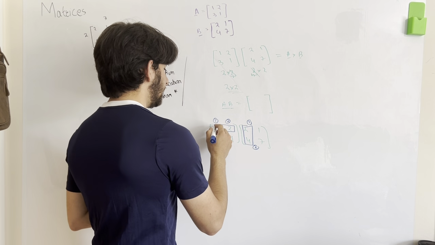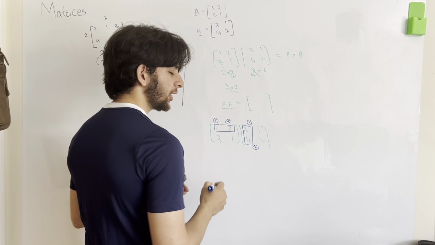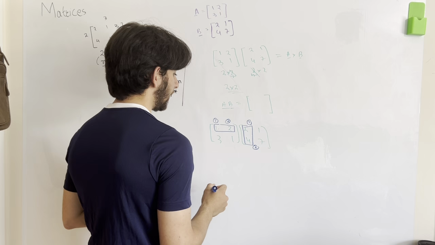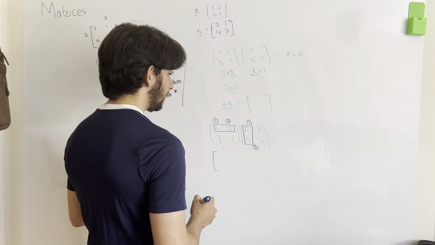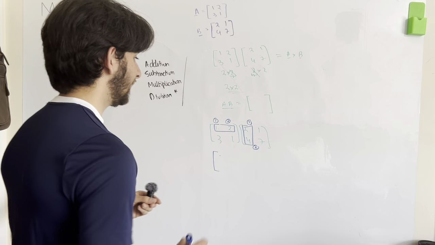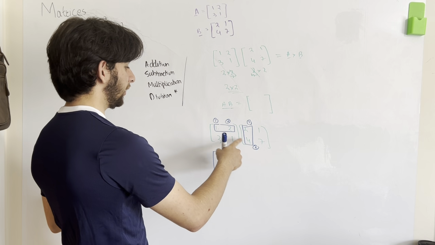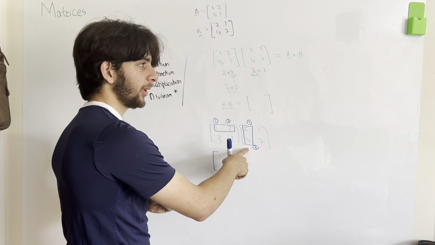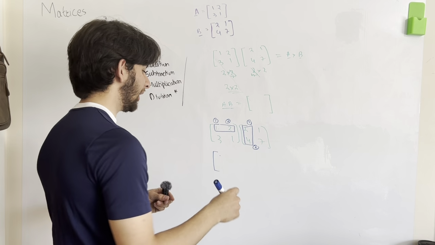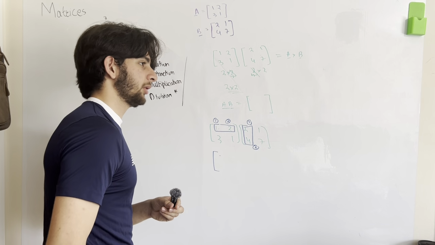I'm going to multiply the first element of my row with the first element of my column to get the first thing I'm going to add together with the 2 times 4 over here, which is going to be my second element in my row, second element in my column, to get my first element in my resulting matrix.